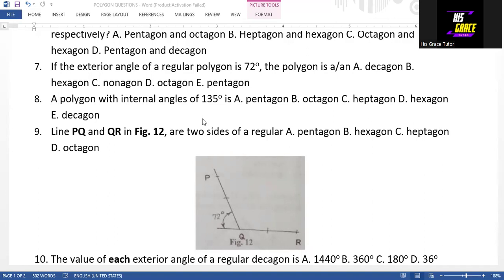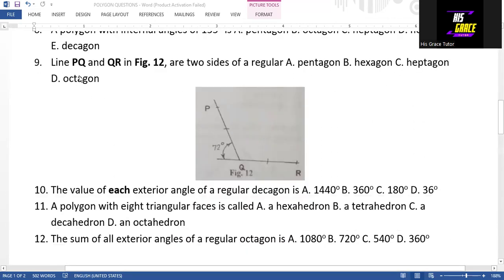If we divide 360 degrees by 8, that gives us 45. Then 180 minus 45 gives us 135. So option B is the answer to this question. Octagon is the answer, and its interior angle is 135 degrees. So let's take note of that.